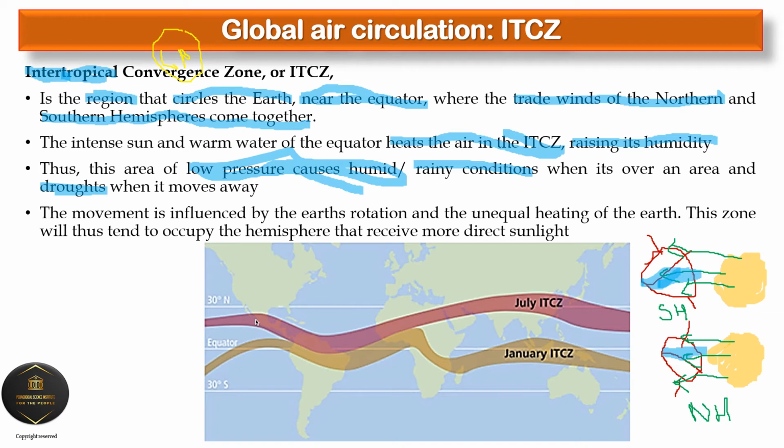And why is that? It's because warm air and cold air do not mix, but they meet. So these systems are pushed further south when the ITCZ moves to the southern hemisphere, due to the earth heating the southern hemisphere more directly.